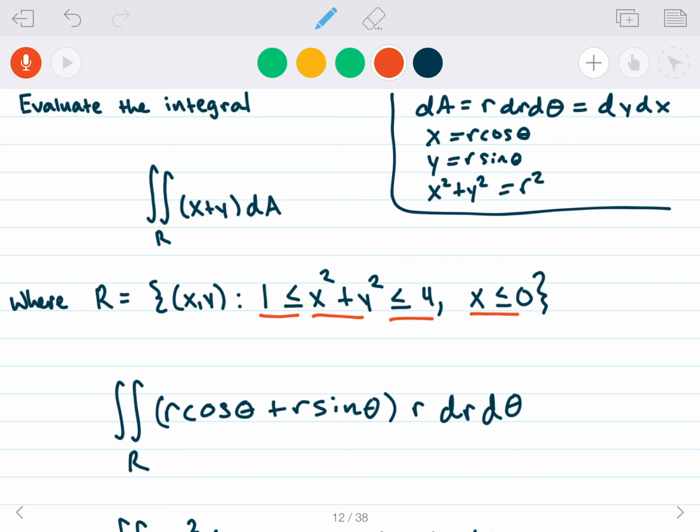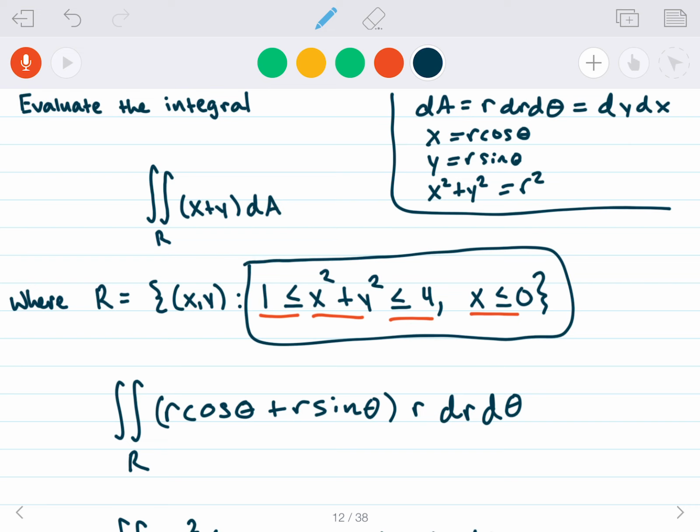So to get the geometric picture of what this looks like, I'm going to change the set itself into r's and thetas. Maybe I'm just going to look at this portion right here.